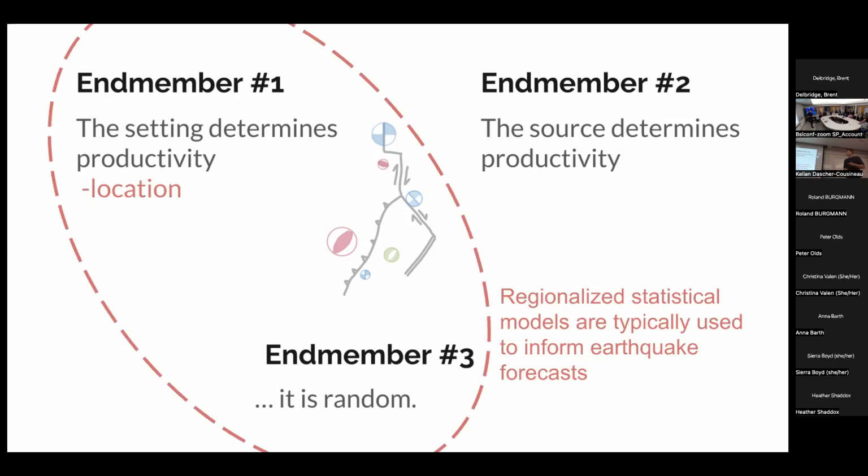And I'll note that when we typically talk about operational earthquake forecasts, it's a hybrid of these end members. When they're issuing alerts to the public, they essentially use the analogy of similar nearby earthquakes to inform what might go on in the aftershock sequence.